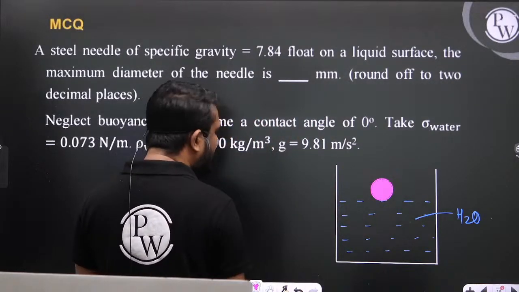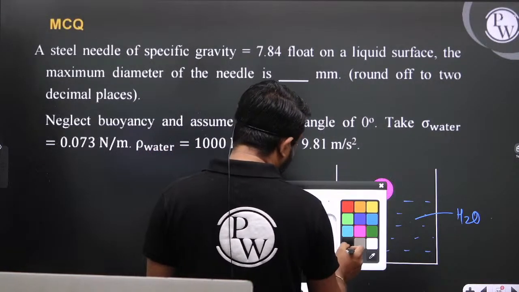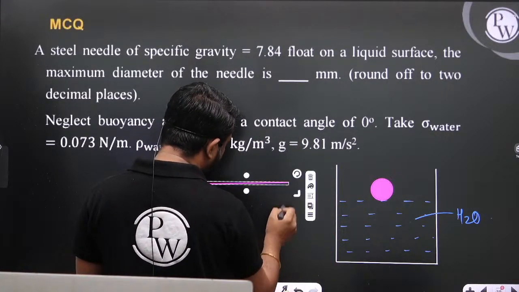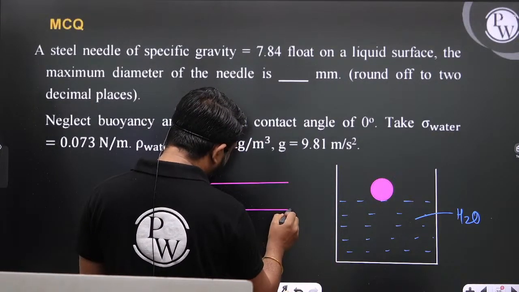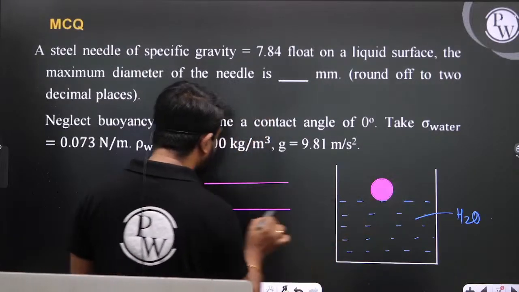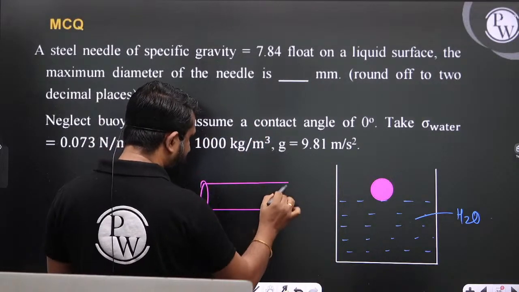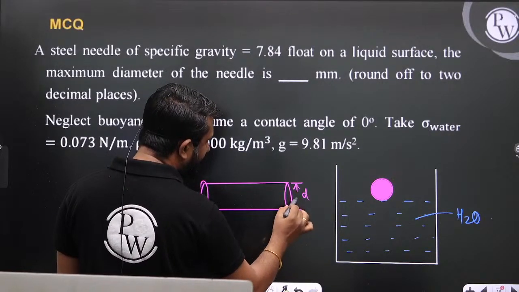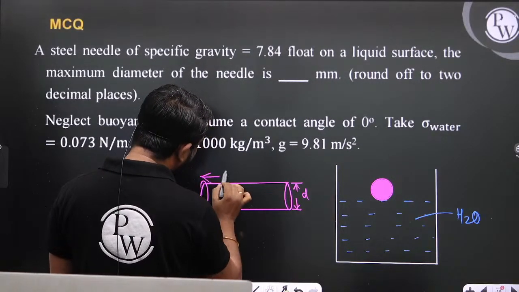The needle is floating on the water. And if you see from the top, then the needle is like this. So this diameter, let us consider D, and this length, let us consider L.